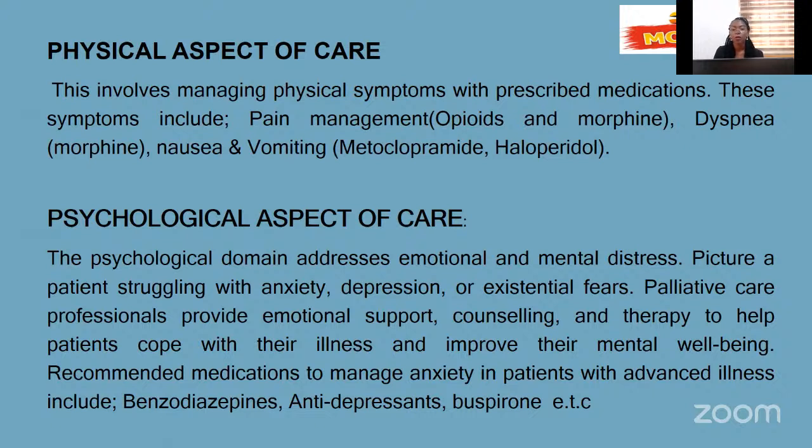Dementia or patient with motor neuron disease will display certain symptoms. So you also have to look at the physical aspect, which is to manage those noticeable symptoms. These symptoms include pain management. For pain management, you use opioids and morphine. Those are the medications you use.